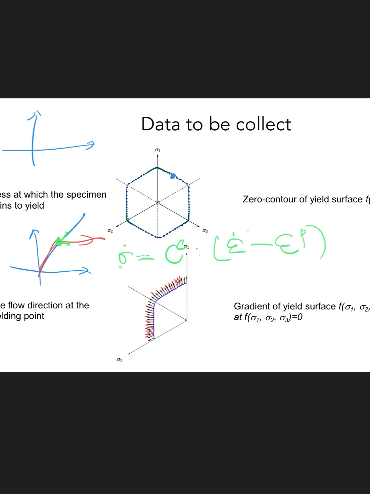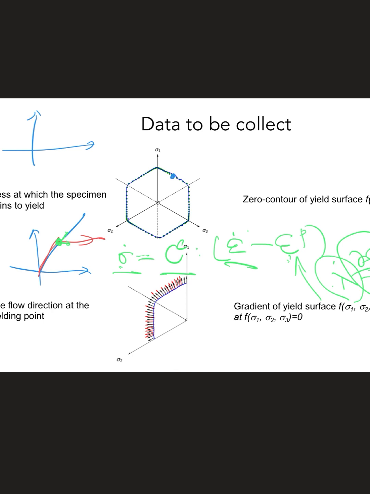Because you know the stress change and the elasticity and the total strain, you can back calculate the plastic strain. Okay, and then normalizing that plastic strain, you can get the stress gradient, because lambda dot times the stress gradient equals epsilon dot p, right? And here you don't really care about the magnitude of lambda, you just care about the ratio between the yield functions.